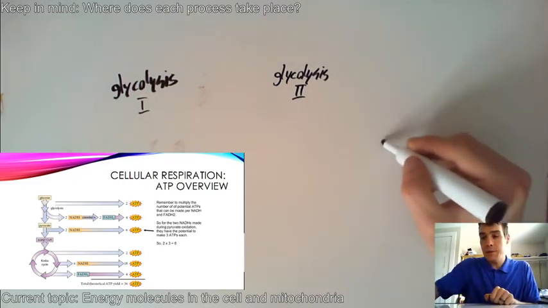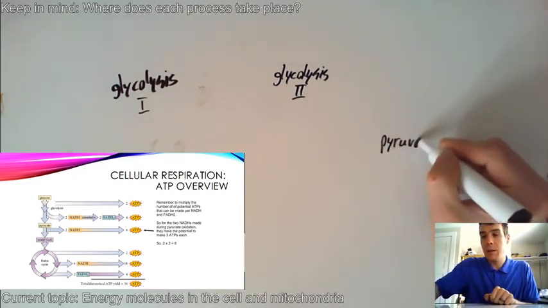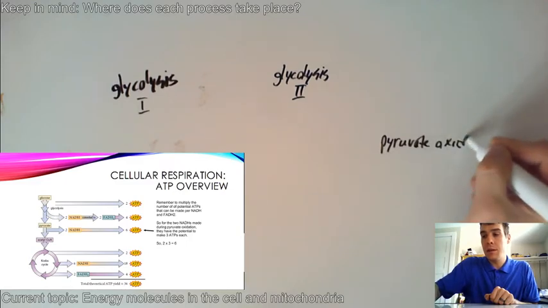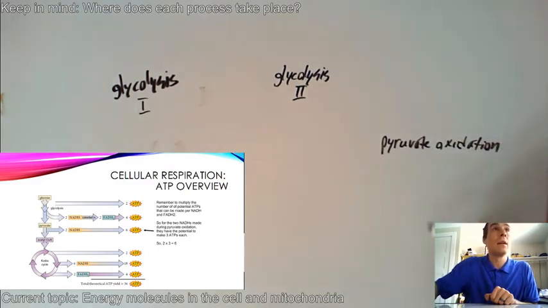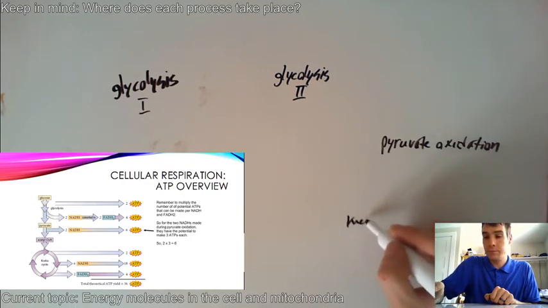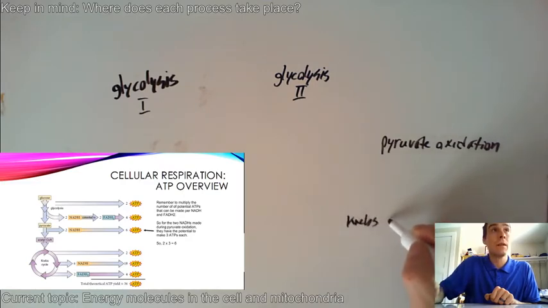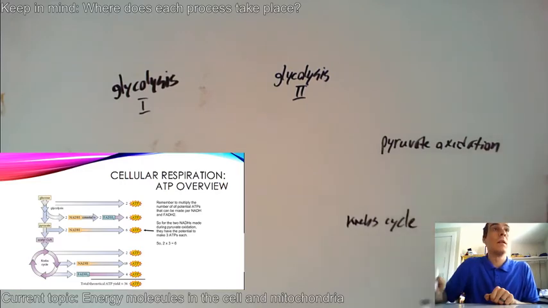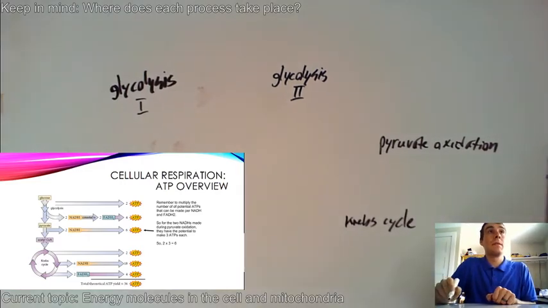Then from there it goes through pyruvate oxidation, and then the Krebs cycle. All right, pyruvate oxidation and the Krebs cycle.